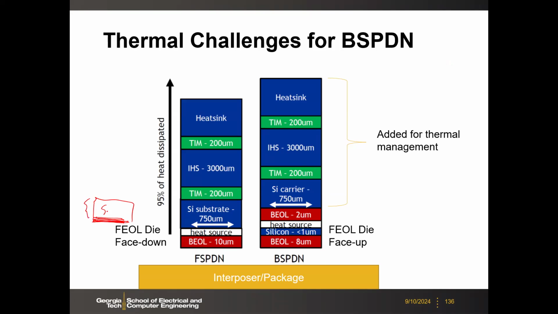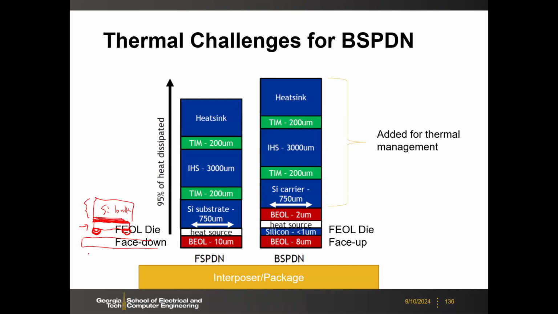This will be your silicon bulk, and then you have your transistors on this side. And then you have the back end of line, and then your pad here. So the die is facing down, and then you attach to your interposer or your substrate. This is still used today for the mainstream, no matter it's your GPU, CPU, whatever.